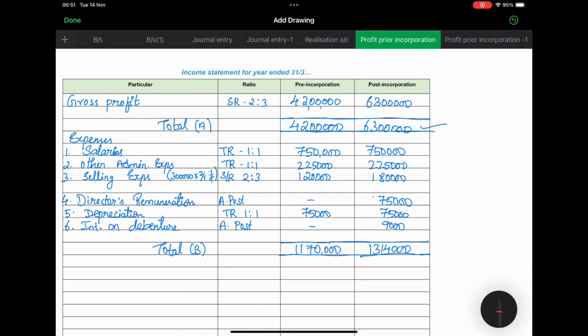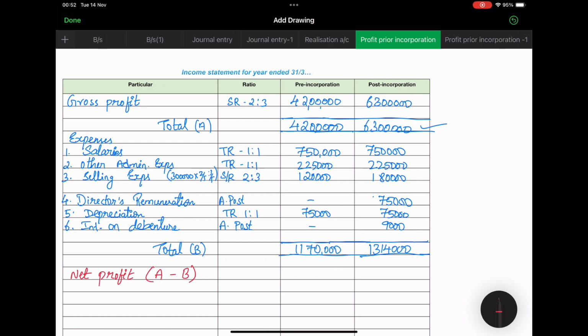Next step, we are going to identify the net profit. Net profit will always be income minus expenditures, that is gross profit minus all the expenditures, total A minus total B. As we all know, post-incorporation profit will be transferred to the P&L account of the current year, but pre-incorporation profit will be transferred to capital reserve.